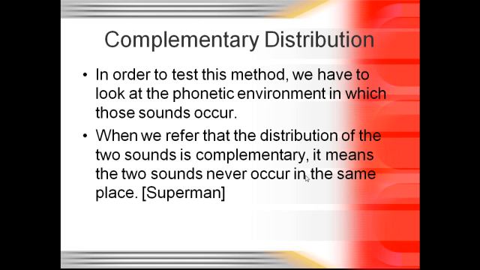We have to check the phonetic environment in all of them, minimal pairs and free variation too. But in this one, we really have to pay attention to the environment in which those sounds occur. When we say the distribution of the two sounds is complementary, it means the two sounds never occur in the same place. And that's the thing about this.